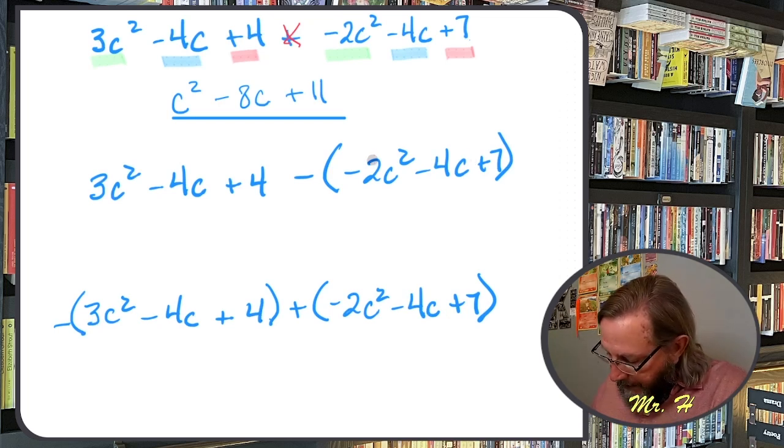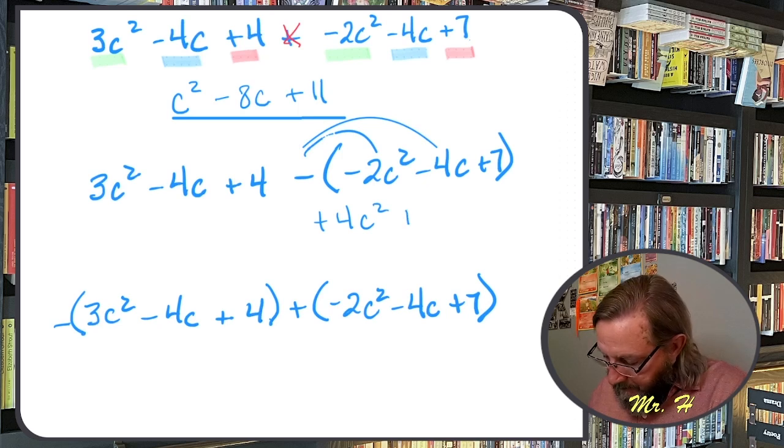So let's do that. Negative 1 out here times this term right here, that's going to be a positive 4c squared. And then we're going to have a negative 1 times a negative 4c. That's going to be a plus 4c. And I think I either misspoke or wrote the wrong number.